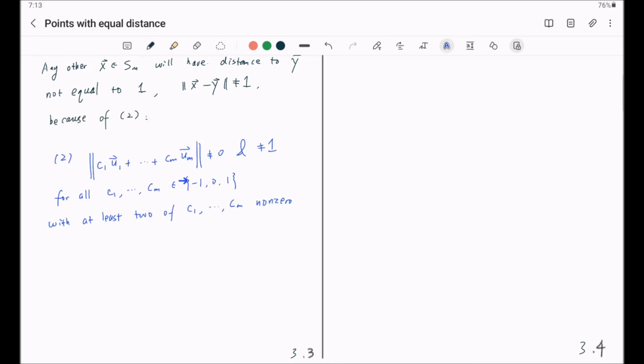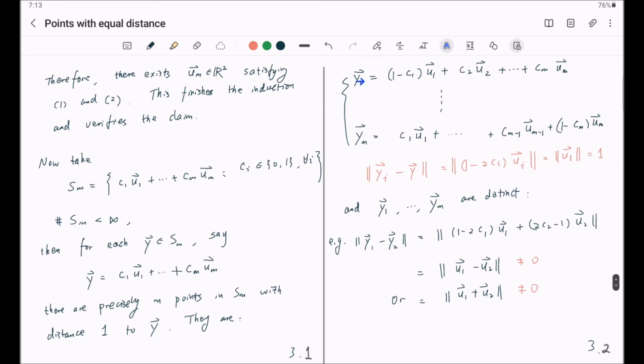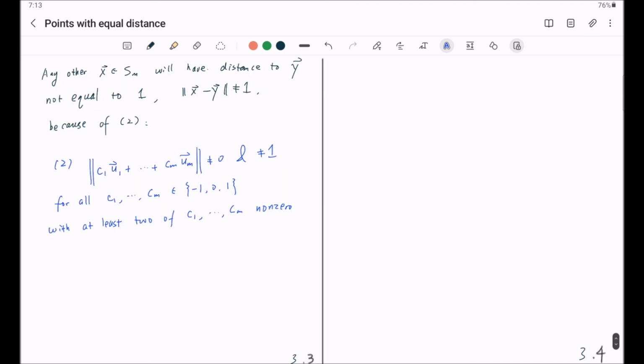Those m vectors are precisely the cases where you change just one coefficient of this linear combination. But if you change at least two of them, then you will change the distance. That distance will not be equal to 1.